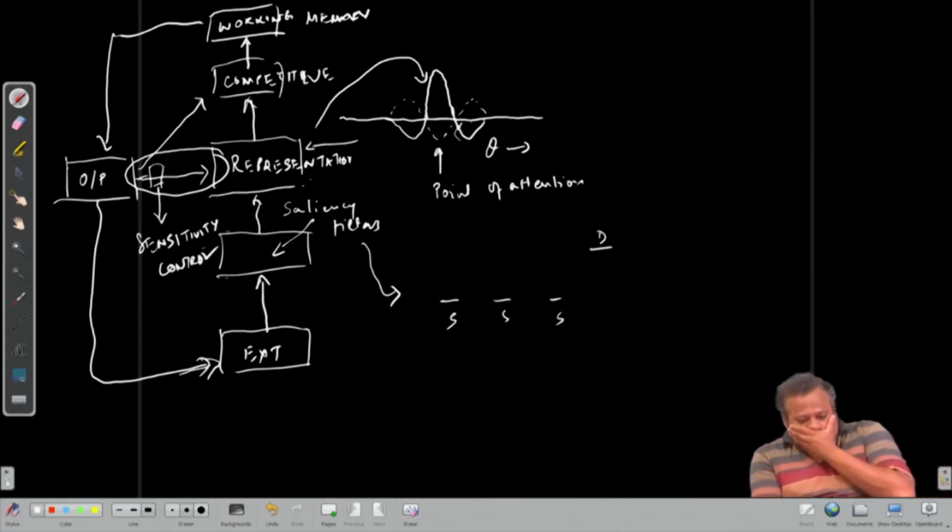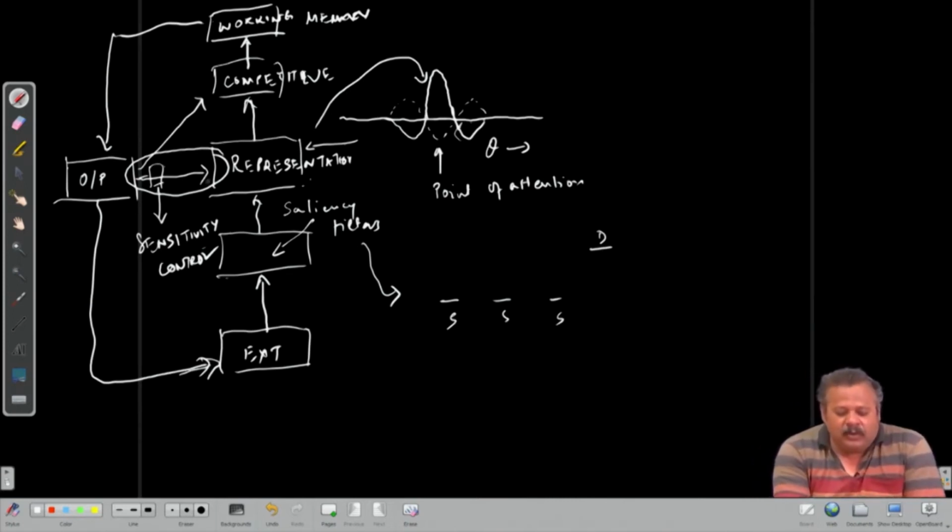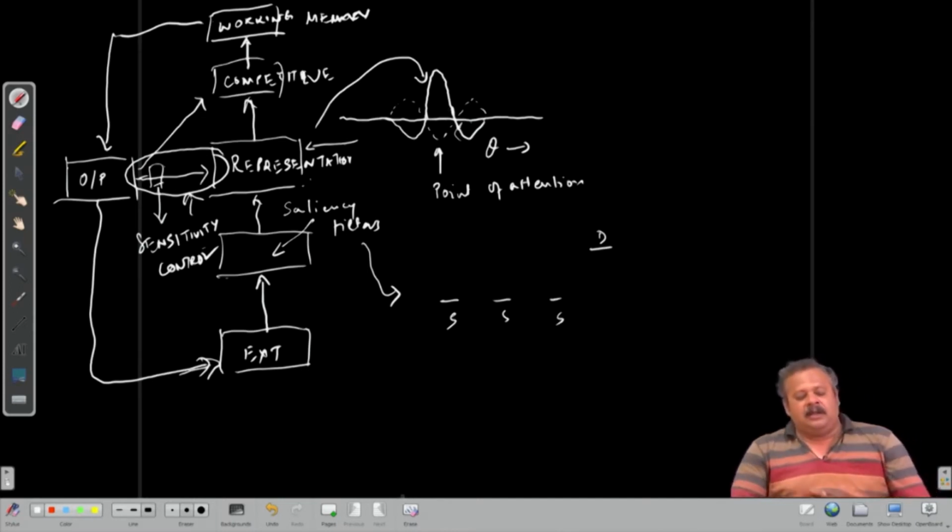So, this part where we have a change in representation, in this case we saw it is an enhancement, but are the single neuron changes in responses sufficient to provide us the required resources to do the task at hand?